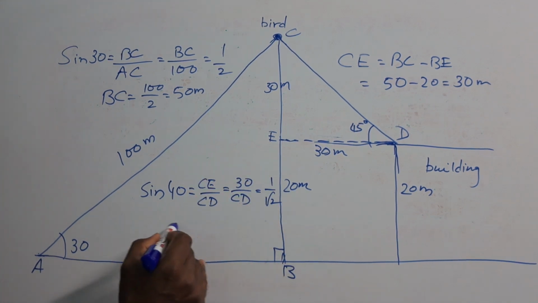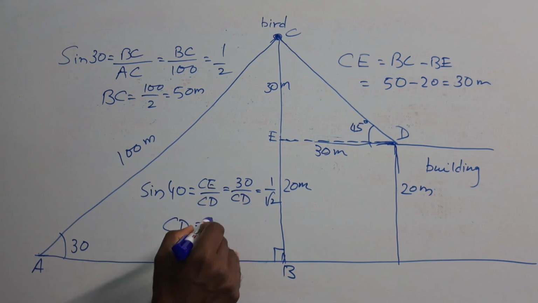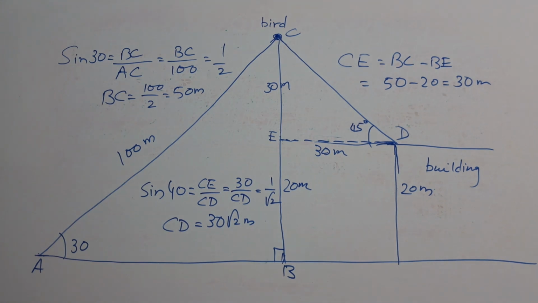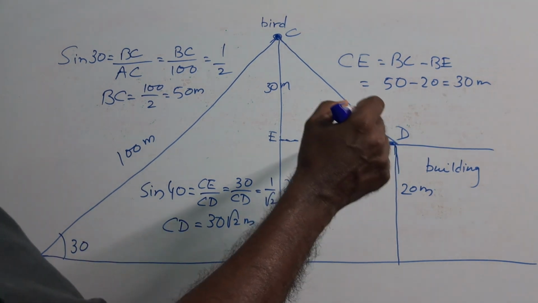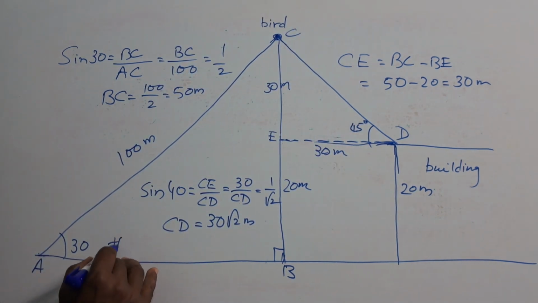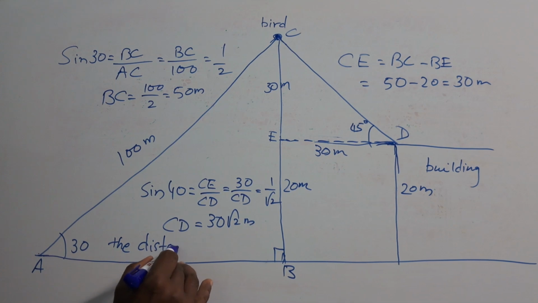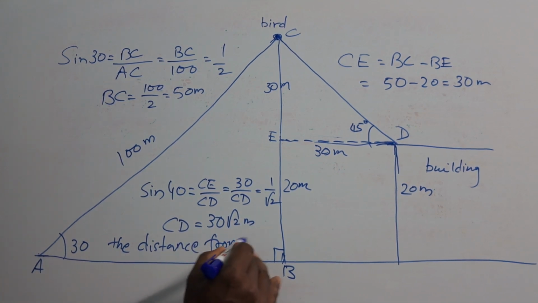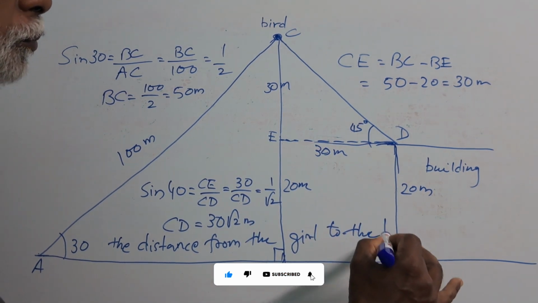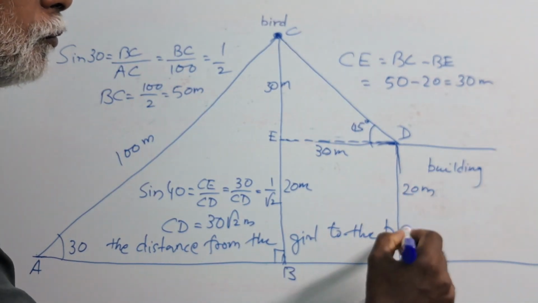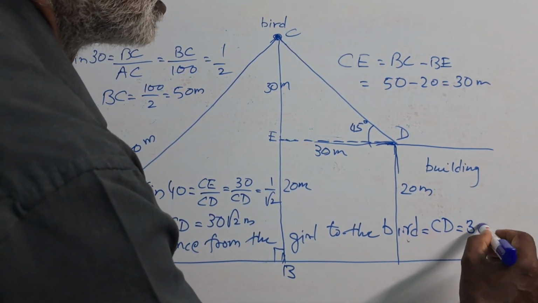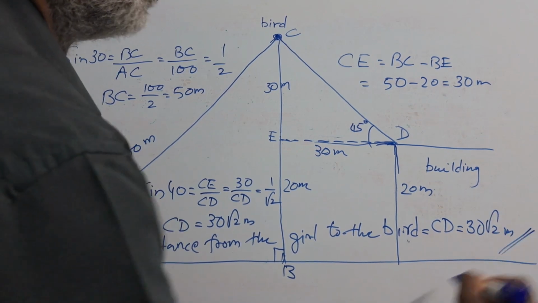By cross multiplication, you get CD equal to 30 root 2 meters. CD is the distance from the girl to the bird. The distance from the girl to the bird equals CD equals 30 root 2 meters.